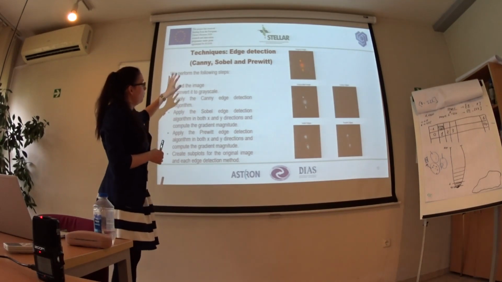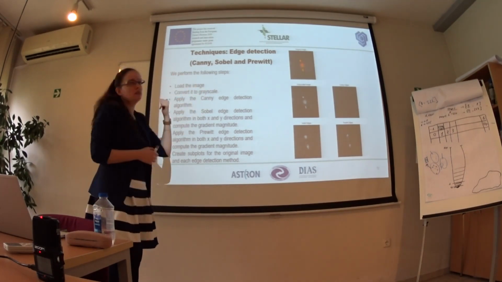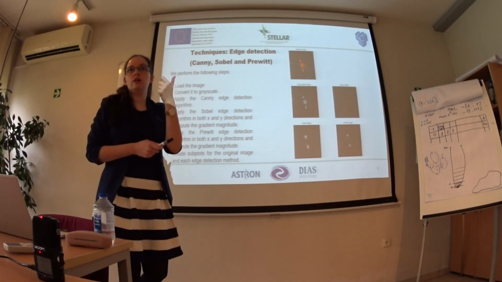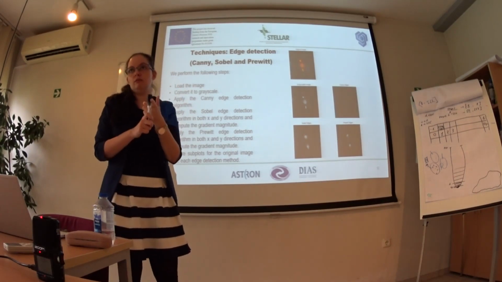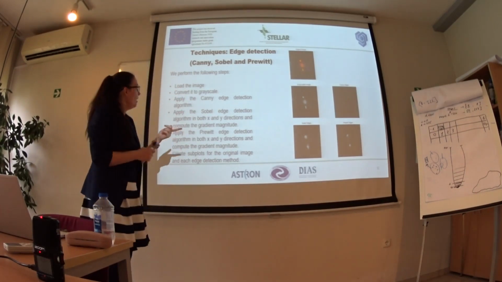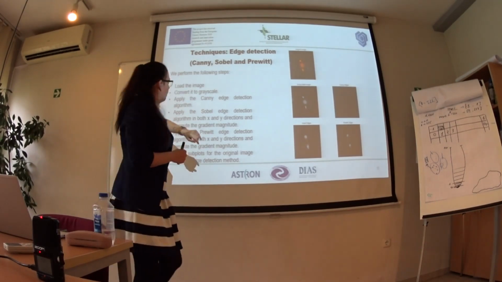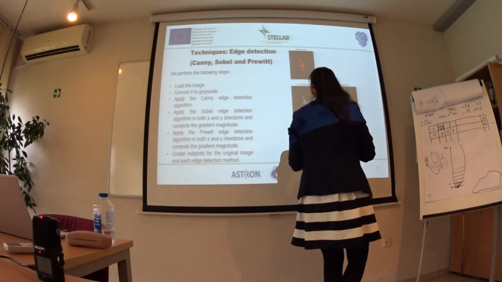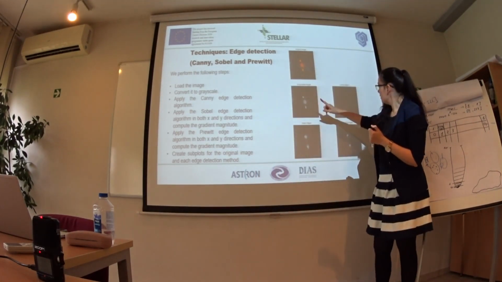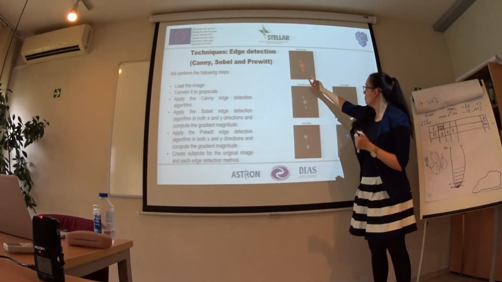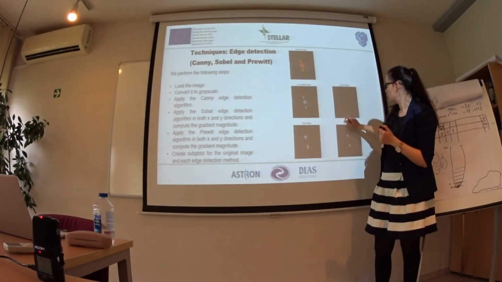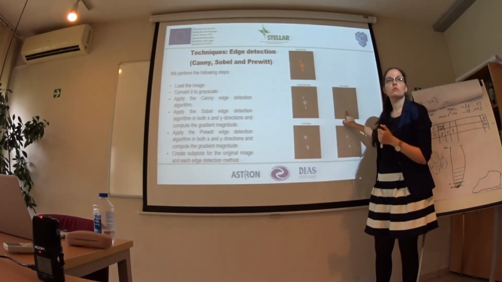For all three of them, you need to load your image and convert it to grayscale. It's obligatory. After that, you can apply the algorithm, Canny, Sobel, etc. So in this original image, we can apply Canny edge detection, but the result is almost not visible.